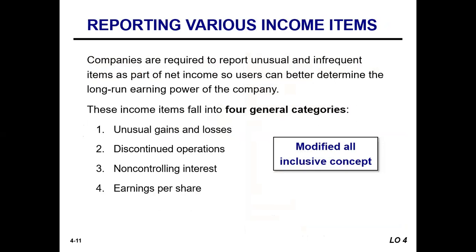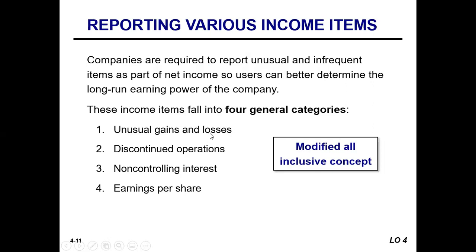All right, so various income items. So we touched on these a few slides back, and these are some things that you're not going to see in every income statement. You're not going to see at every company, because every company doesn't necessarily have these things. But when applicable, then it'll show us where these things belong. So, again, unusual gains and losses, we'll usually have a section for gains and losses.